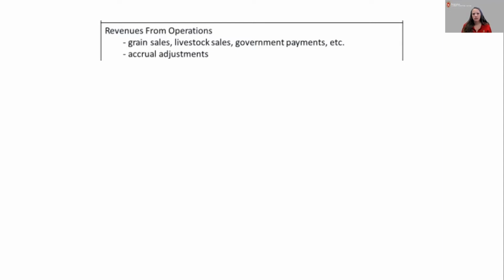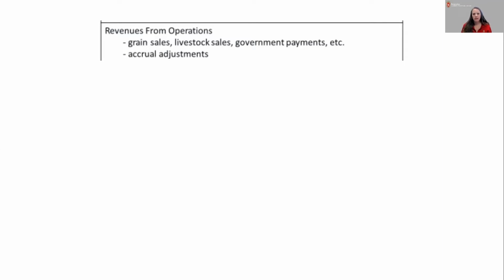This income can be found on your IRS 1040 Schedule F and Form 4797, or from your accounting system. Cash farm income may include sales of livestock or grain, government payments, and other income sources. Next, you will need to make accrual adjustments from inventories that were raised and harvested for sale, or will be used in farm production.